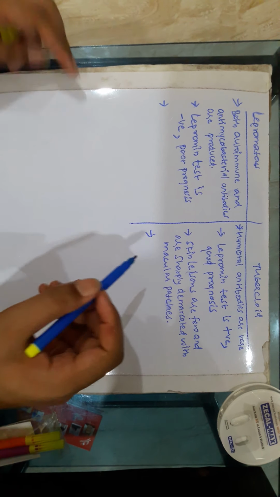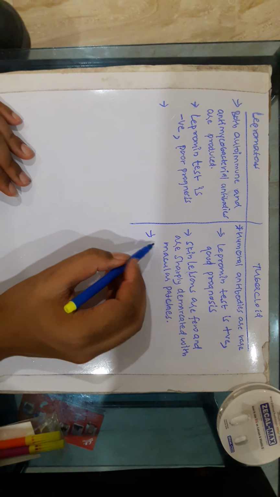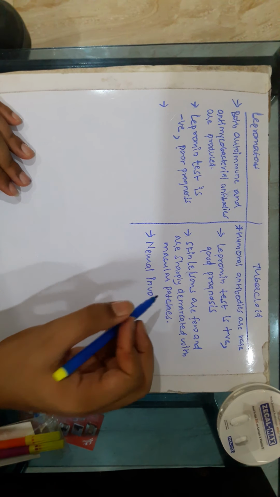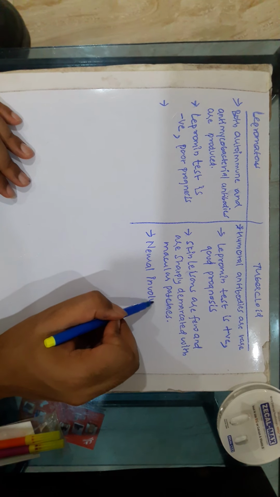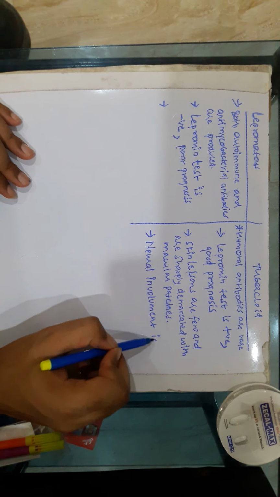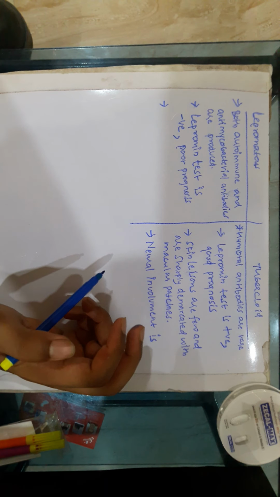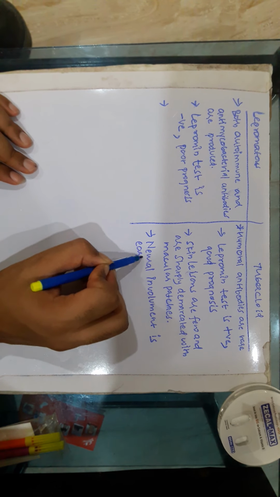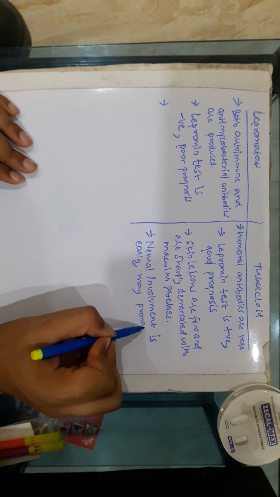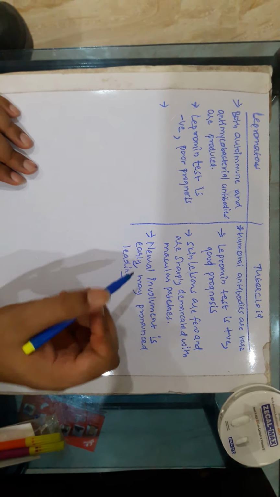And in the tuberculoid type, neural involvement is early and may be pronounced, leading to deformities, particularly in the hands and feet.